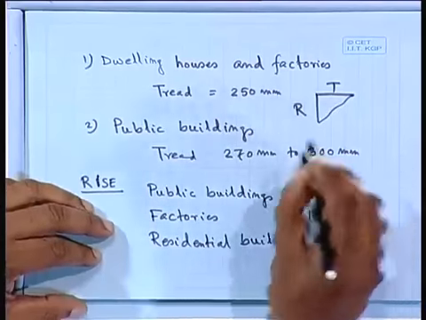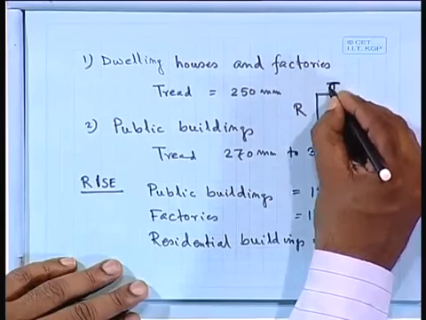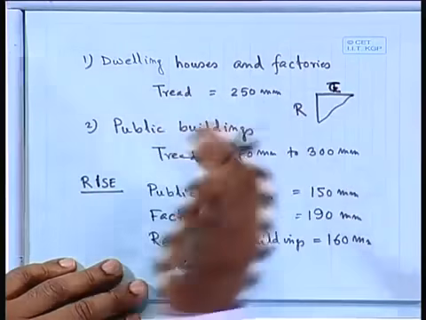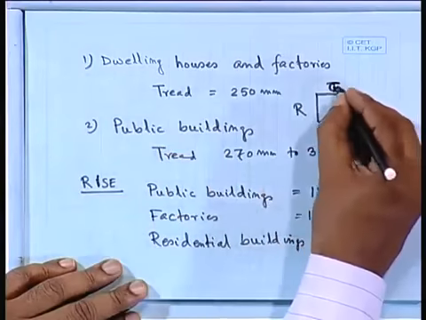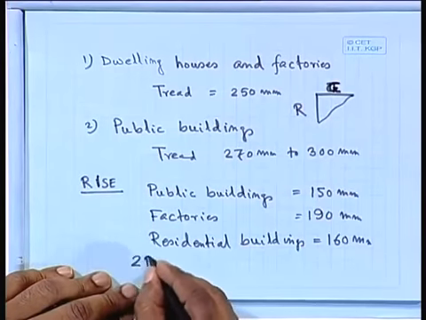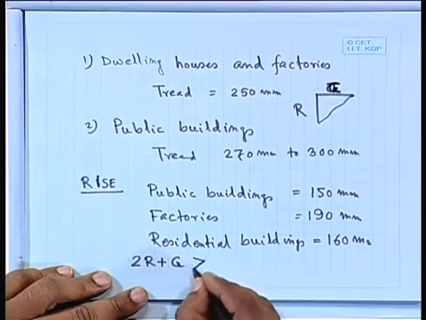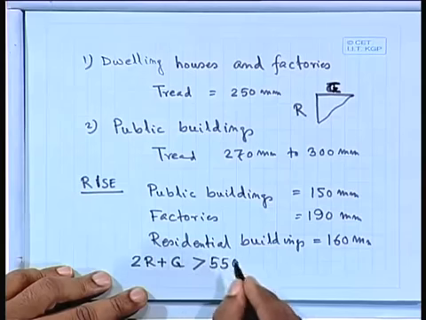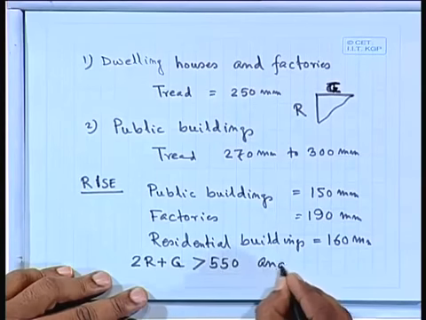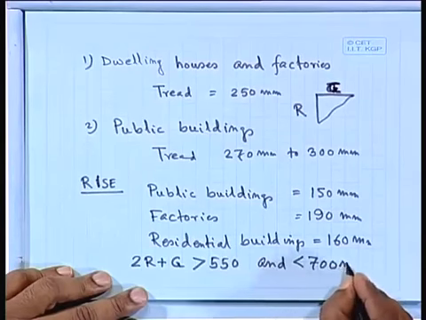There is a popular formula. Generally we write T, or we can write G, the going, the total that we are talking about. So now 2R plus G should be greater than 550 and less than 700 millimeter.